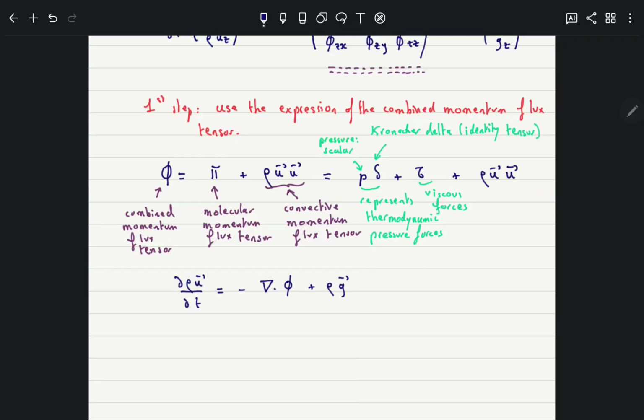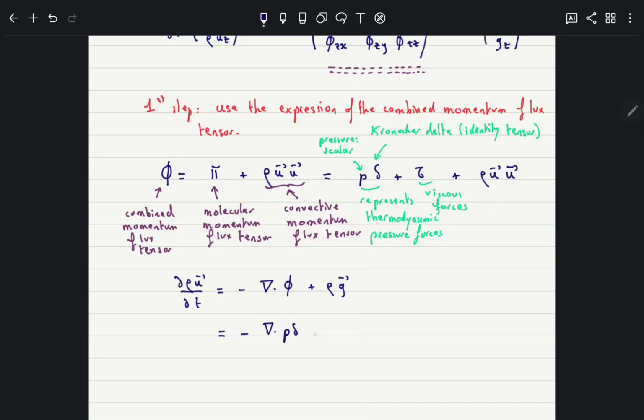Now we use our expression of the combined momentum flux tensor, which is going to give us negative nabla, sorry, negative nabla p delta.